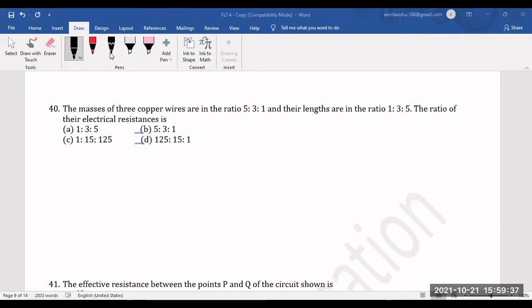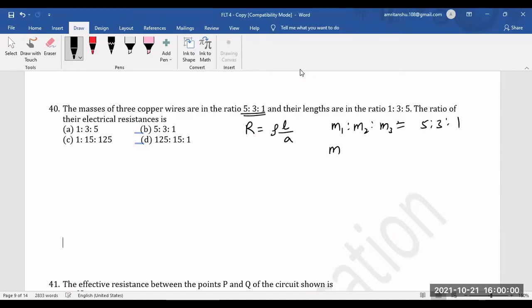Question number 40. Let us see how to solve this. Resistance is given by rho L by A, but here we are given masses of the copper wire. The masses are in the ratio M1 is to M2 is to M3, which is 5 is to 3 is to 1.